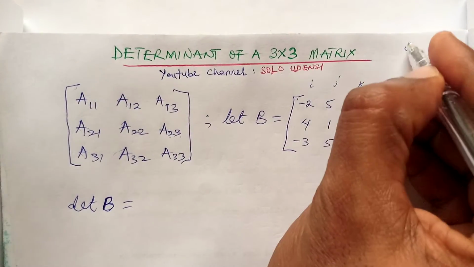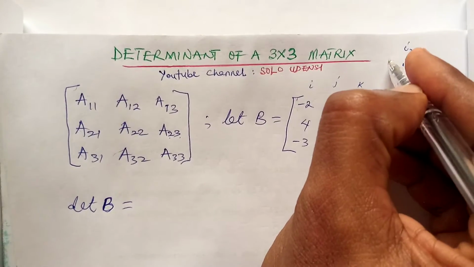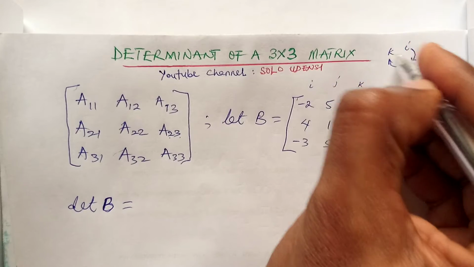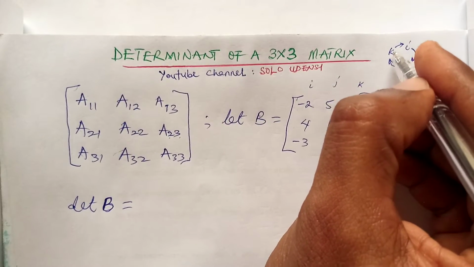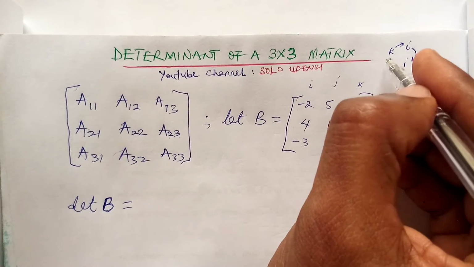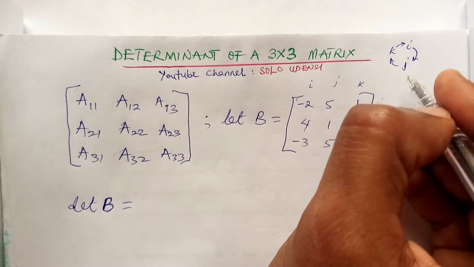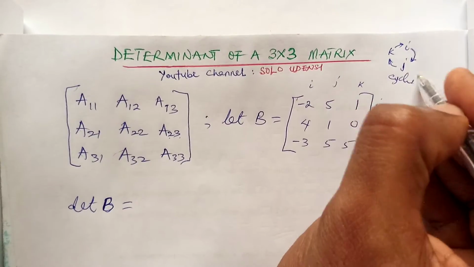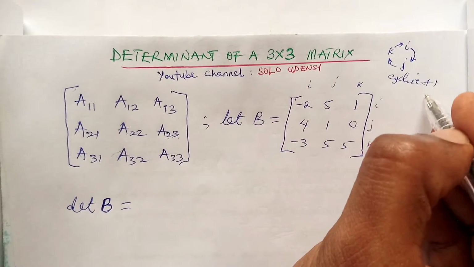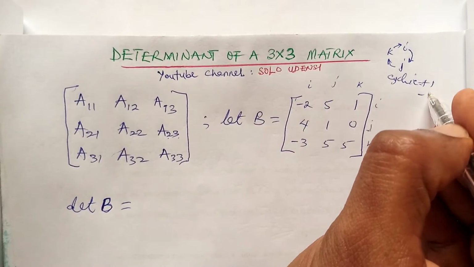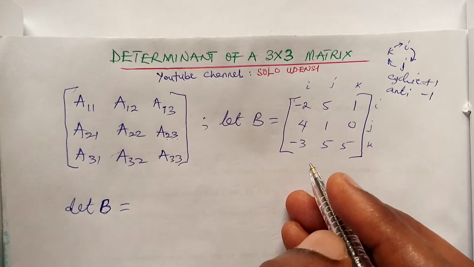I also like to, as a physicist, do IJK, so that when you have a cyclic multiplication, it will give you a positive number. For cyclic, it will give you +1. For anticyclic, it will give you -1.